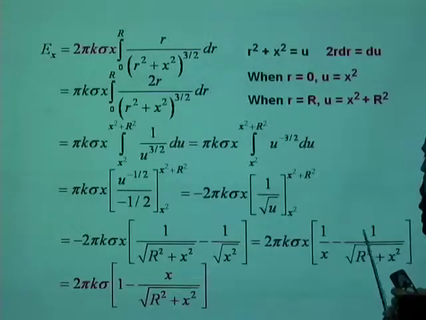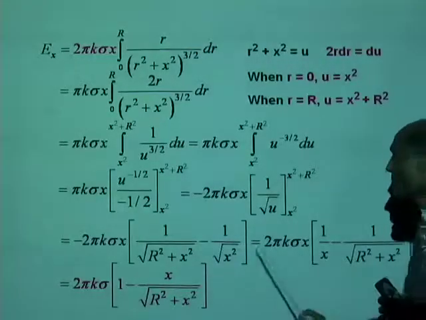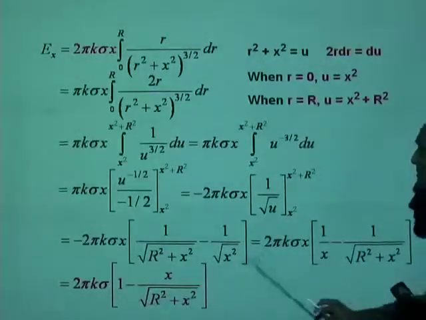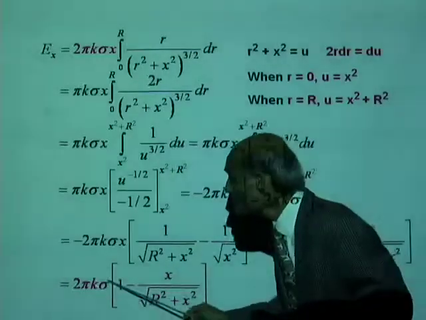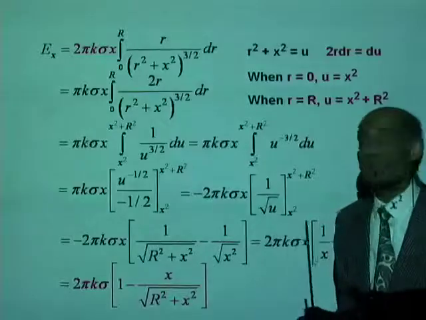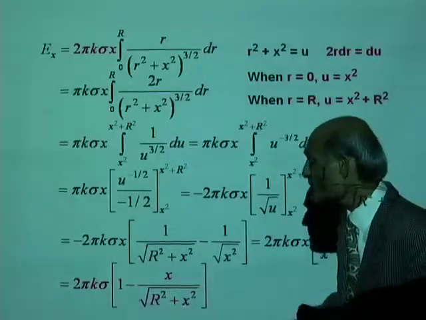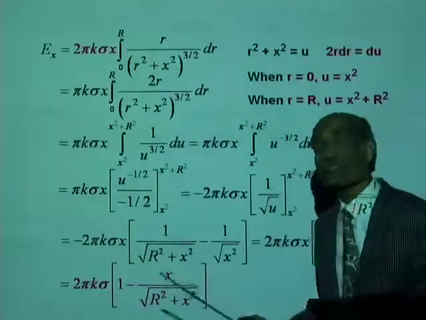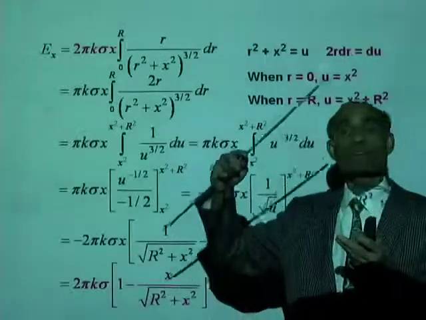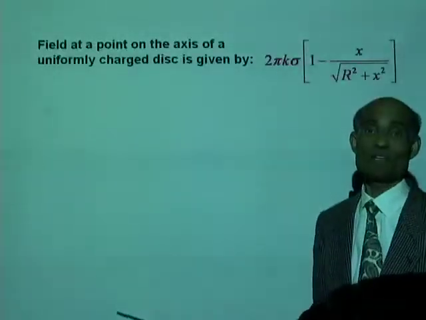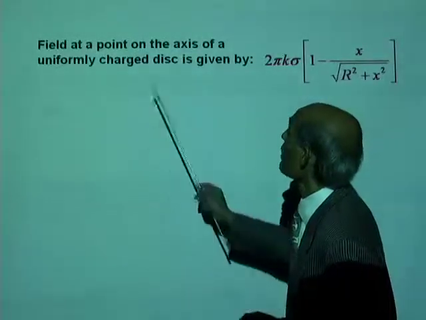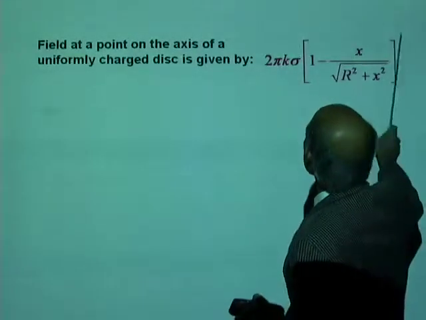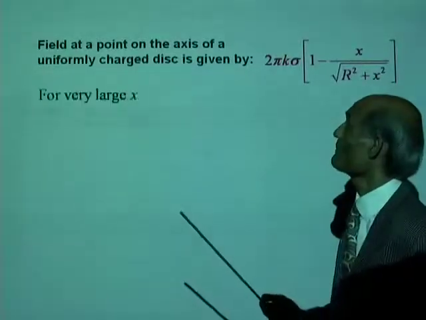When the x is taken in, x divided by x is 1, and that x stays on the numerator. Here sigma is the surface charge density, r is the radius of the disk, and x is the distance of the point from the center of the disk. The field at a point on the axis of a uniformly charged disk is given by this formula.